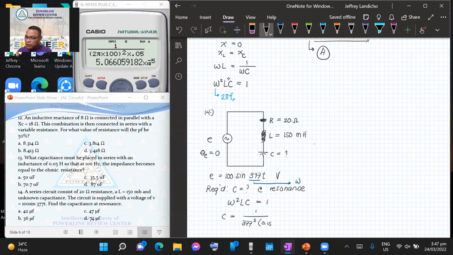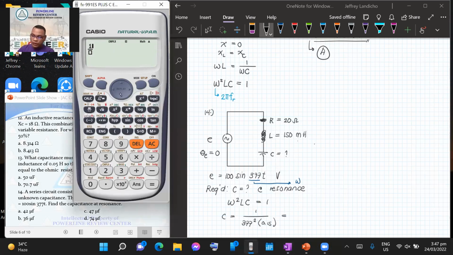So that is 0.15 na lang. No? So yun lang pala yung gawin. 1 over 377 squared times 0.15. So we have now the required capacitance. So in this case, we have 46.9 microfarad.